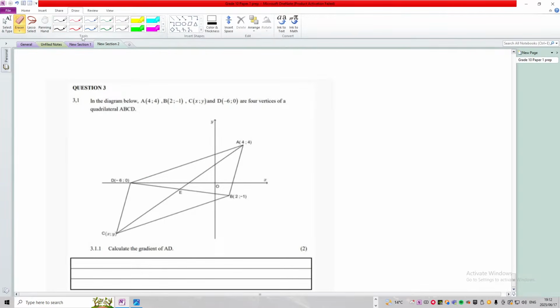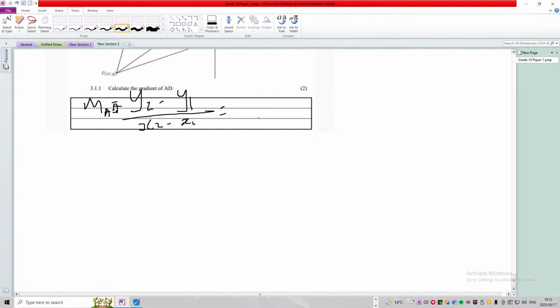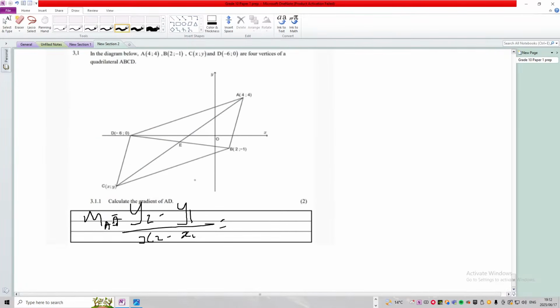So if I look at this 2 mark question, these types of questions you shouldn't even think. The gradient m is equal to y2 minus y1 over x2 minus x1. I'm talking about AD, so my D is my y2, right? Then D's y is 0 minus 4, over x2, which is minus 6 minus 4.